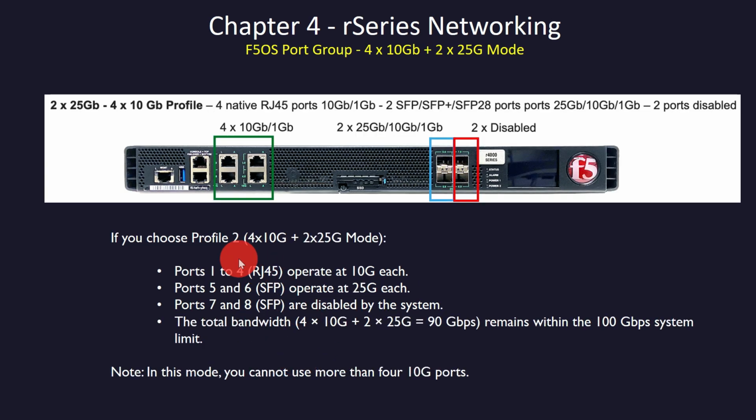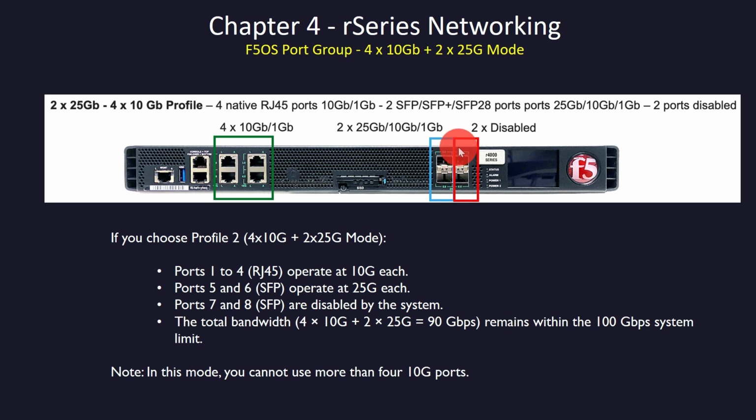If you are choosing profile 2, which is 4 × 10 gig plus 2 × 25 gig mode, in this profile, ports 1 to 4, RJ45 ports, operate at 10 gig speed each. Ports 5 and 6, SFP ports, operate at 25 gig speed each.